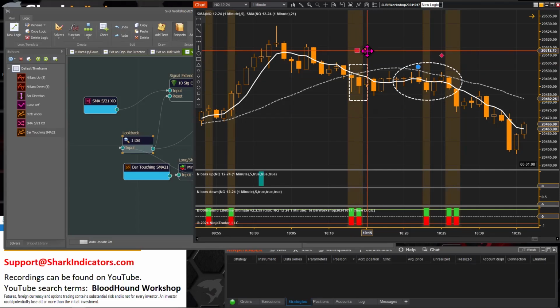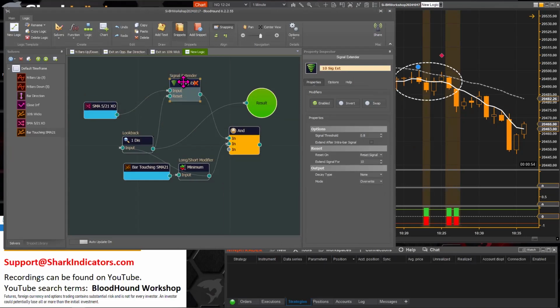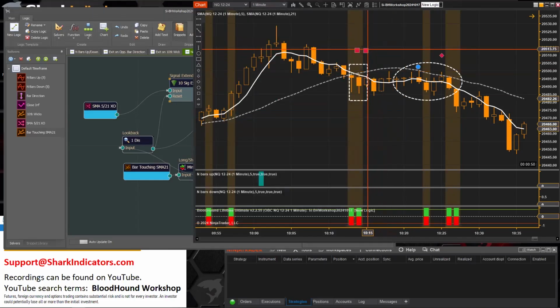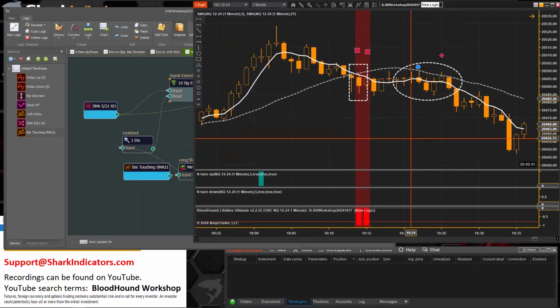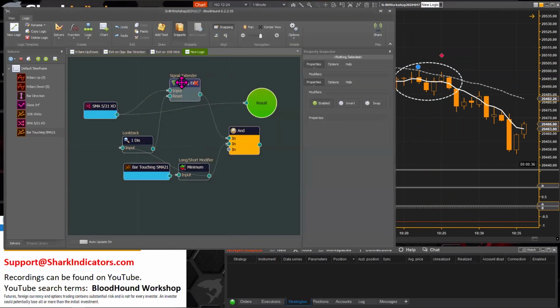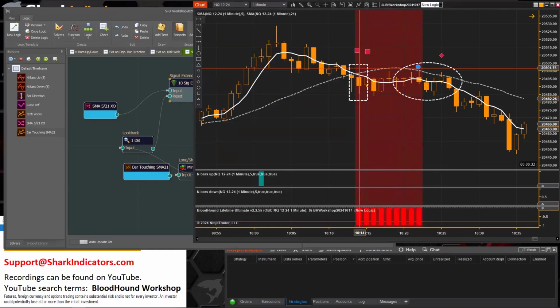So this second output from the crossover is what's being extended by the signal extender. This second signal gets through to the signal extender, and there is no reset here.